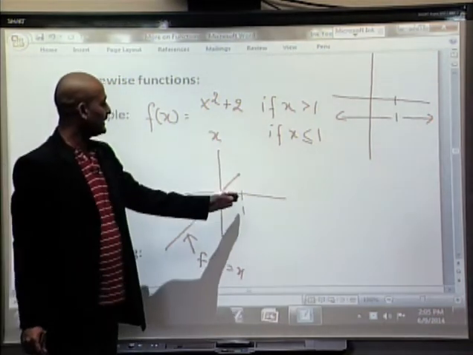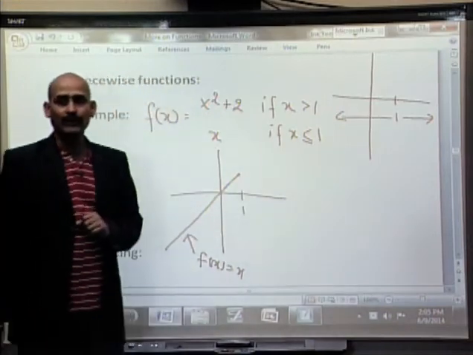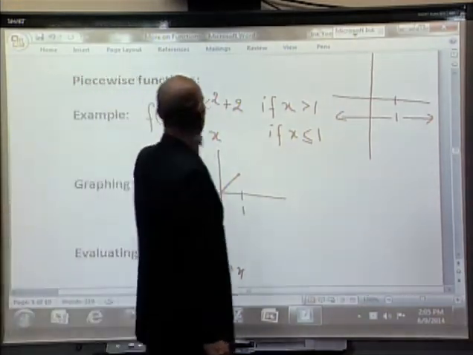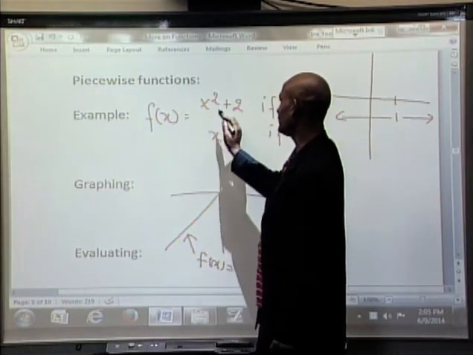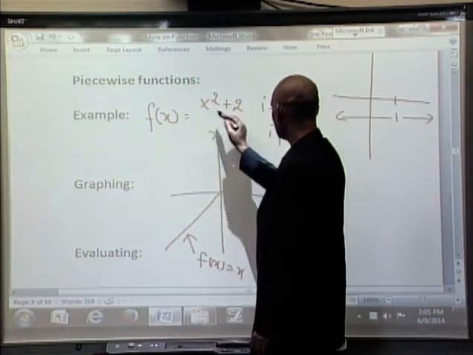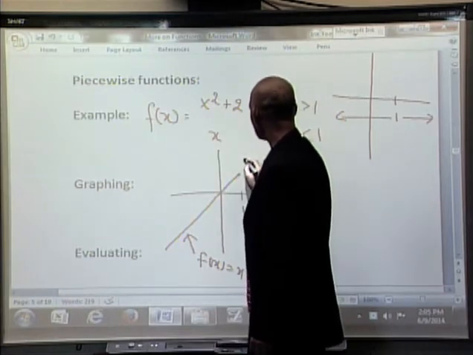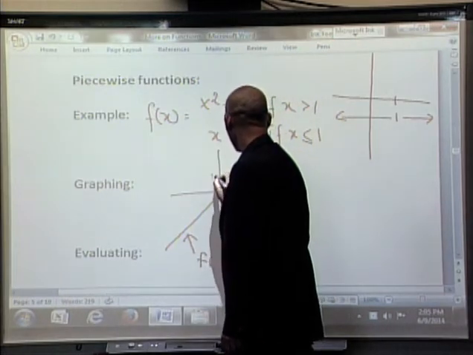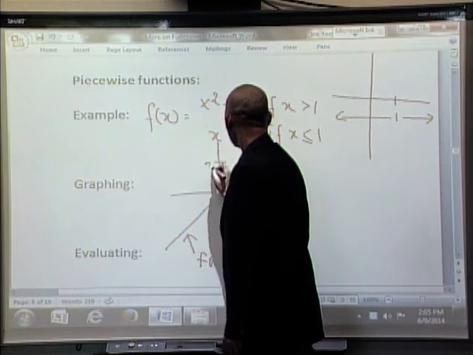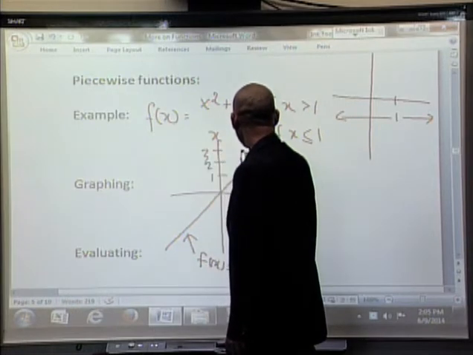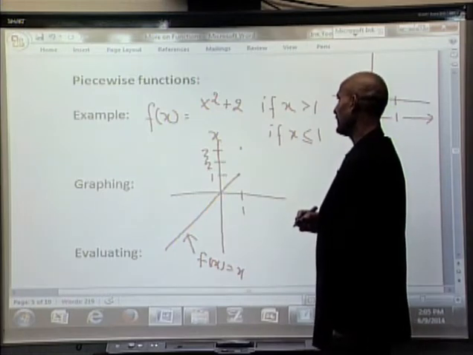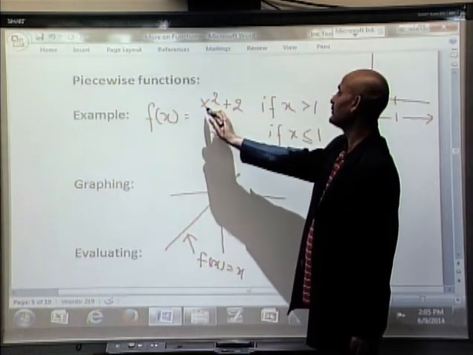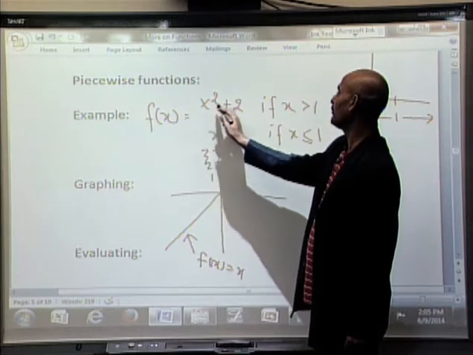Now, as soon as we reach 1 and we go further, we have to be using this formula. In this region, the function is x square plus 2. So, if I think of x equal to 1, I should start from 3. So, this is 1, let us say this is 2 and this is 3. So, I should start from here, 3, and if I choose x equal to 2, 4 plus 2 is 6.